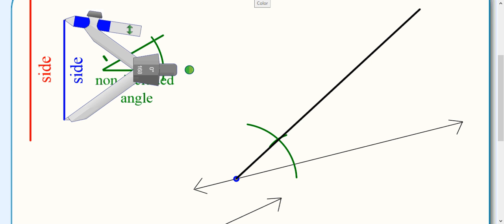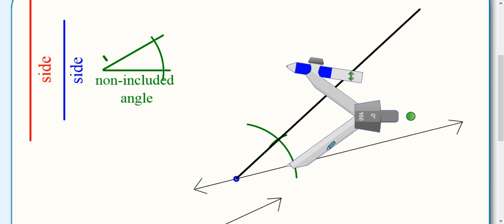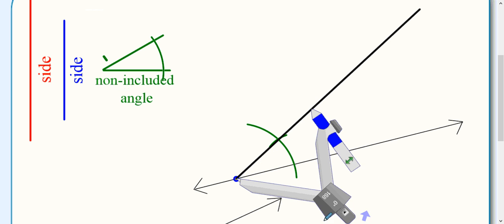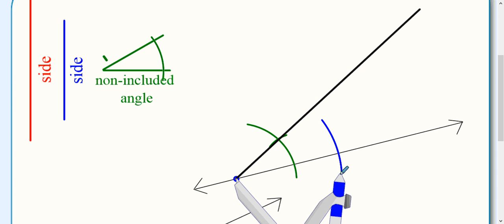And then next time, just to see if it makes a difference, I'm going to try the red side next. So there's our blue side. Stops right here.